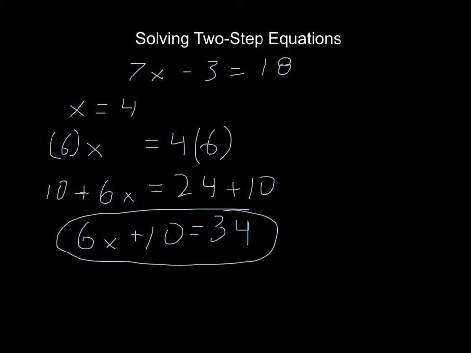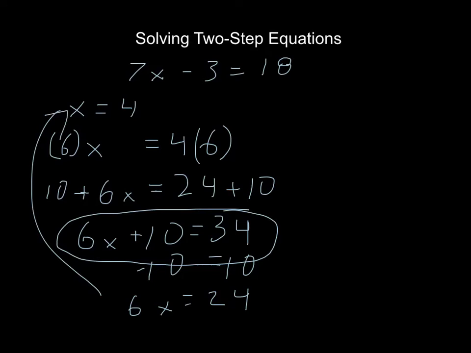I would subtract 10 from both sides, and I would get my 24. Oops, can't see that too well. And I would have 6x equals 24. And then I divide both sides by 6, and I would get the original x equals 4. So that's one way that I could create an equation like this.